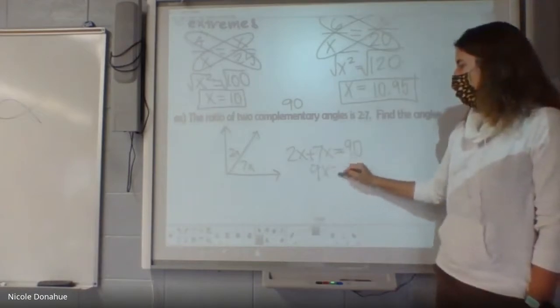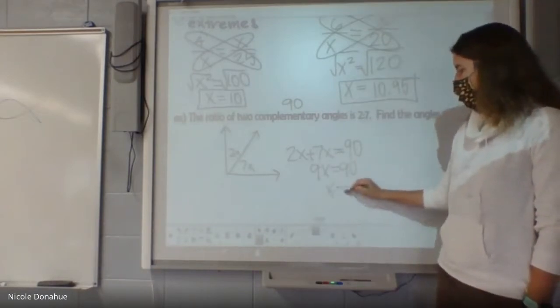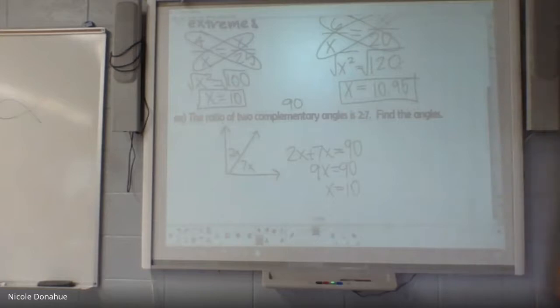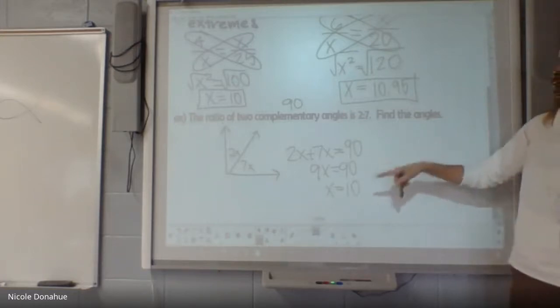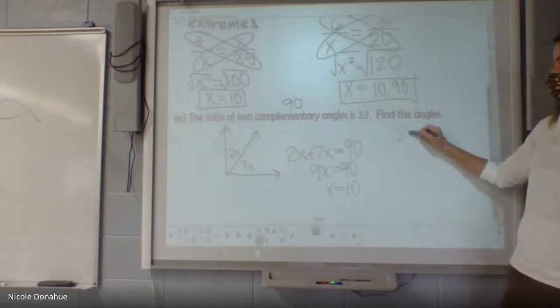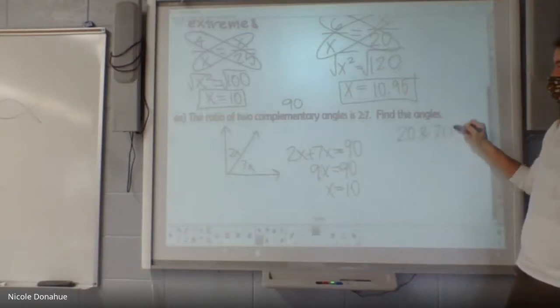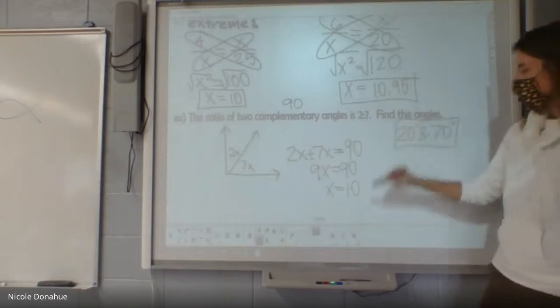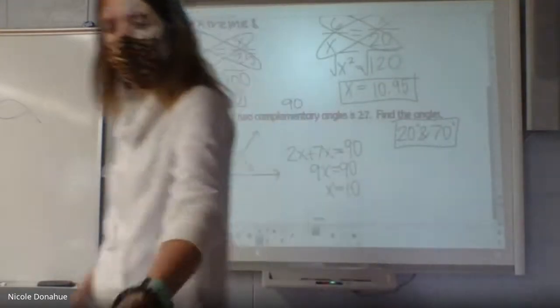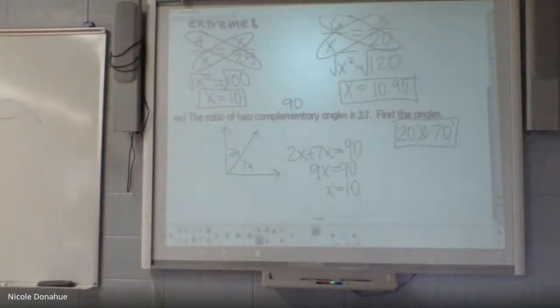So 9X equals 90. So X ends up being 10. And then we can find those values. So the two angles would be 2 times 10, which is 20, and then 70 as well. Now, had it been supplementary, it'd be 180.